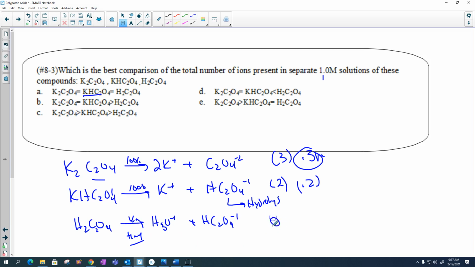We almost get 0 on this guy. So at this point, which of these is the highest? This one's the highest by a long shot. This one's the next highest by a long shot. And this one's darn near 0. Very little. Therefore, my answer here is going to be, I believe, C. Okay. So even though we have a little bit of acid, you've got some other stuff mixed into it as well.